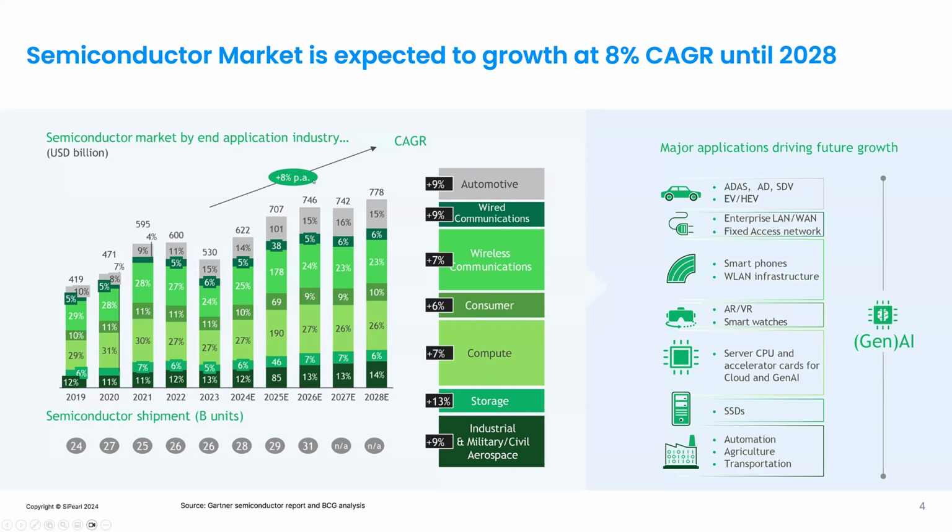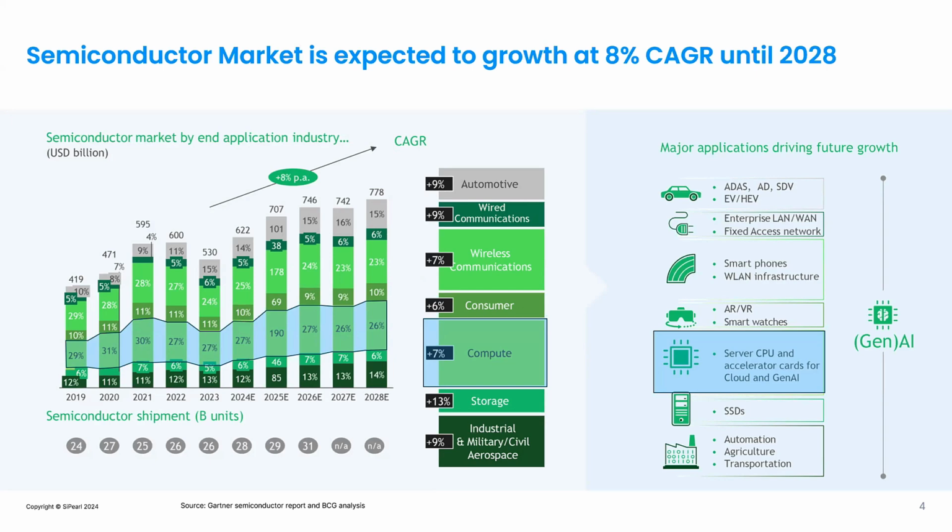In total, we have a compound annual growth rate of 8%, but for the purpose of this presentation, we will focus on the compute part, which represents the server CPU and accelerator card. They could be used for cloud and generative AI.